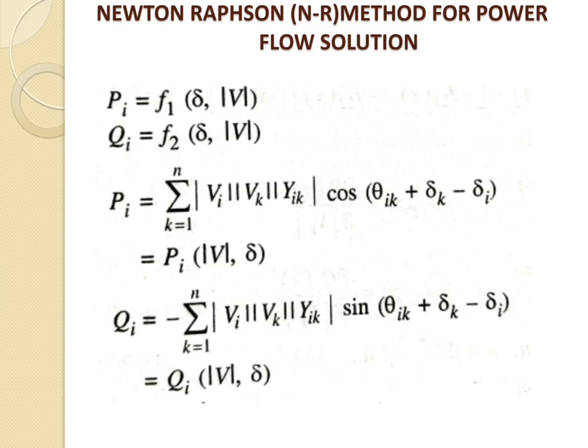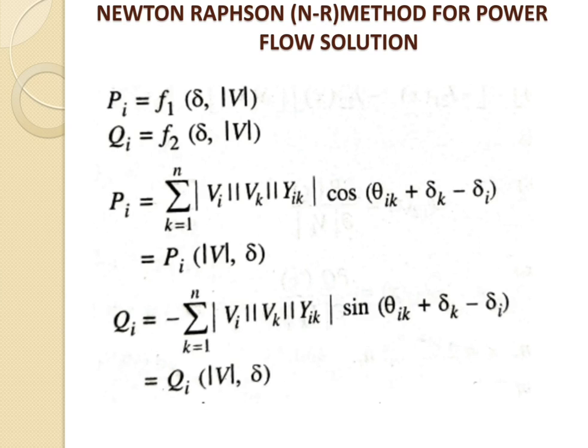In the same way, reactive power Qi is equal to minus summation of k equal to 1 to n, Vi Vk Yik sin(theta ik plus delta k minus delta i). This is the equation for the active power and reactive power that we have already derived in the static load flow equation.